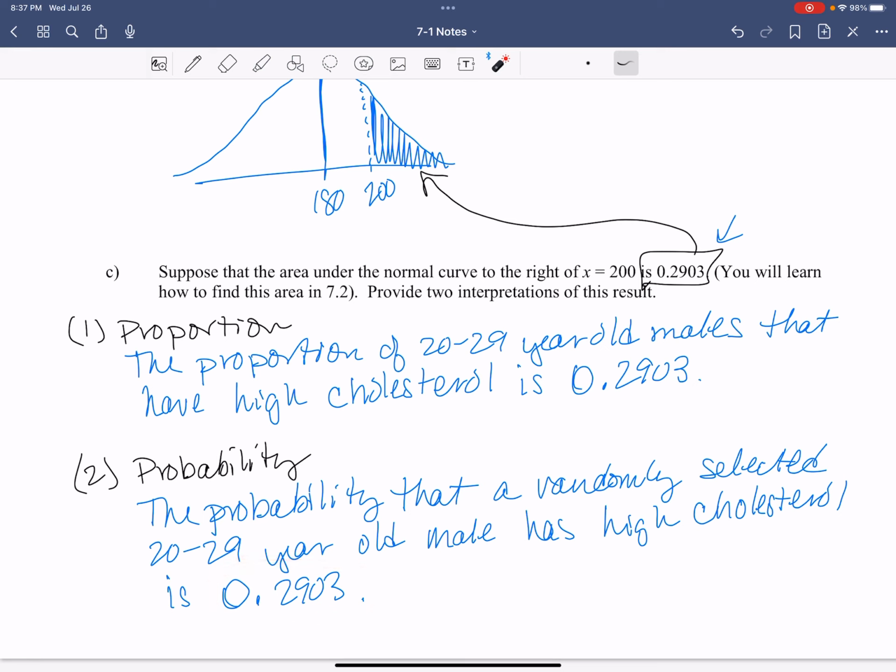Do you see the difference? It's the same value that you're talking about, but you portray it just a little bit differently. So the probability that you randomly select any one of the males, I just randomly select one, the probability is going to be 0.2903. The piece of the pie of all of the males is that proportion of 0.2903.